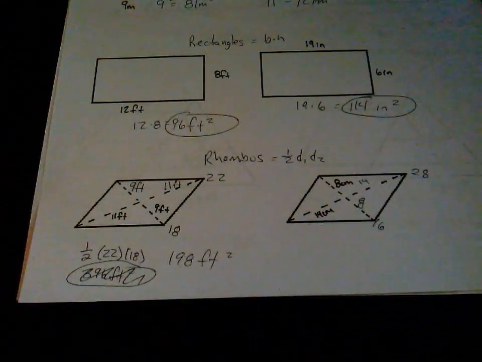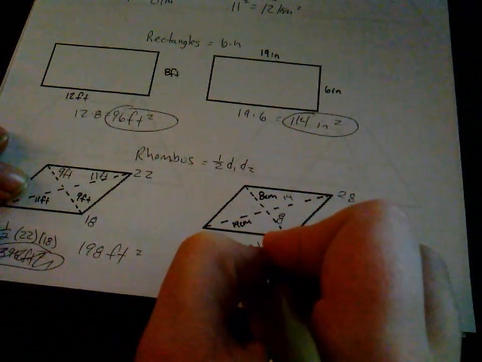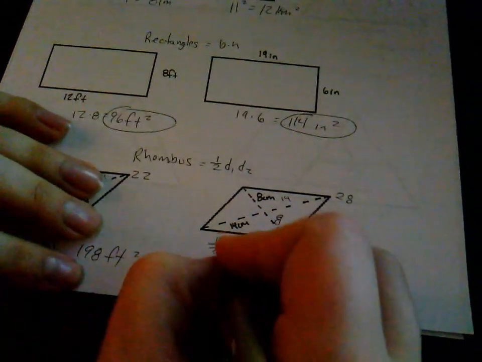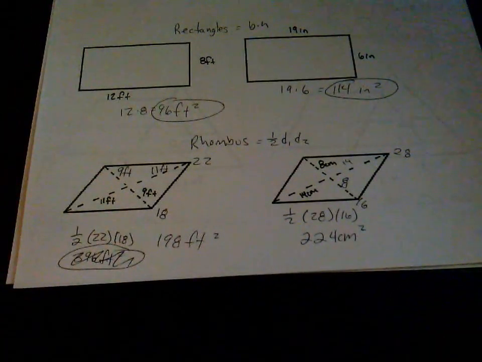So the next one should be 1/2 times 28 times 16. And that should give you 224 centimeters squared. There you go. That is how you find the area of all the shapes that we've done.